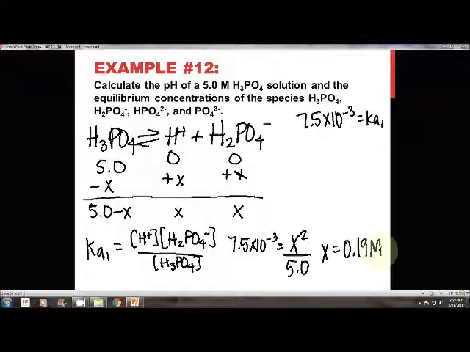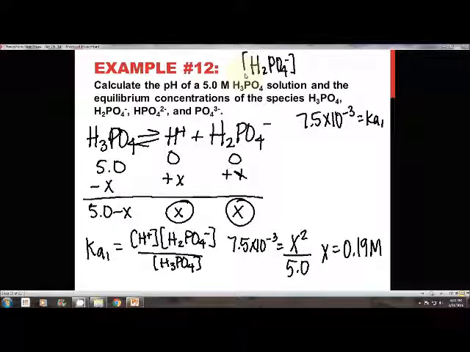X is the H+ concentration, and it is also the H2PO4 minus concentration, which is one of the things that we need to know. So make sure you list it somewhere that the concentration of the H2PO4 minus at equilibrium is 0.19 molar.